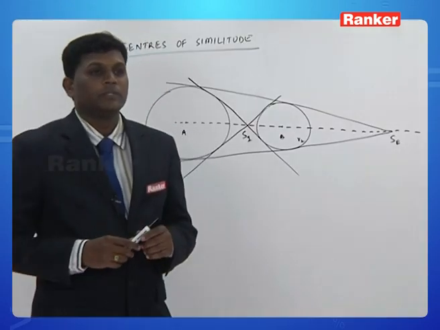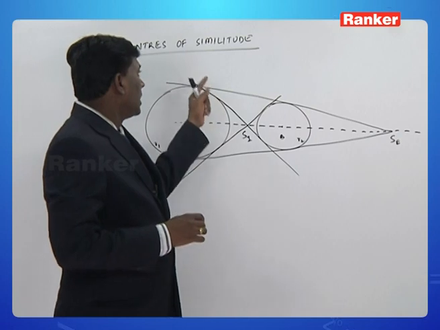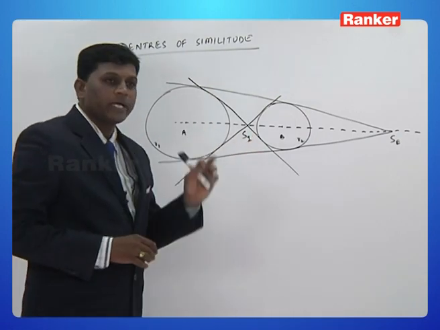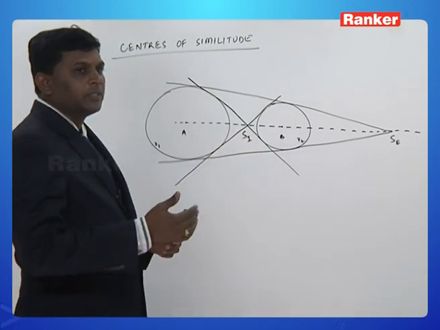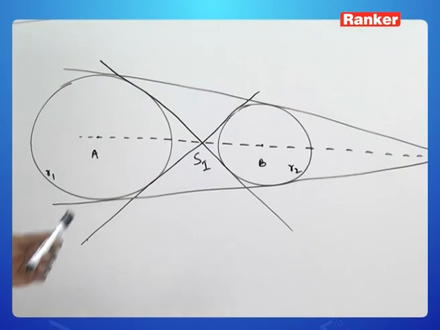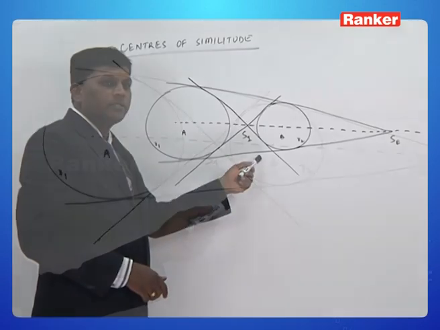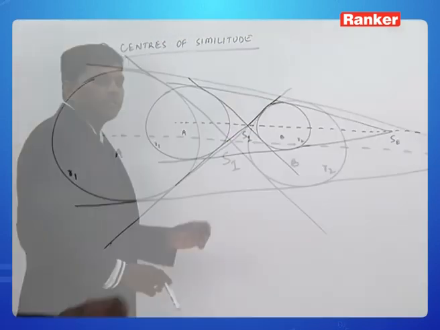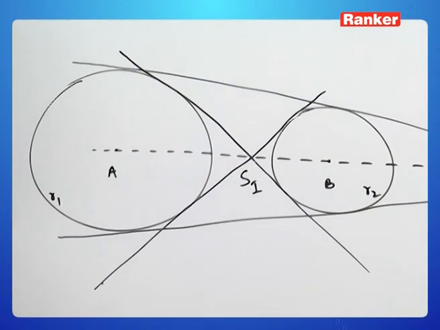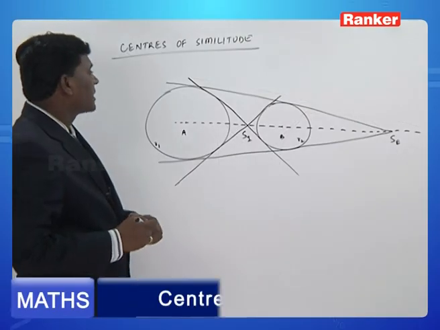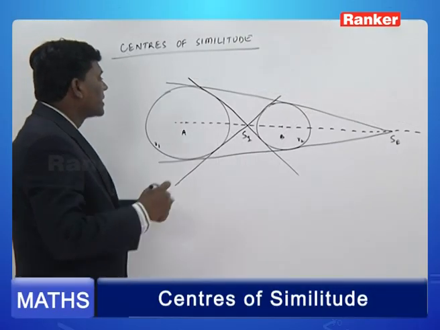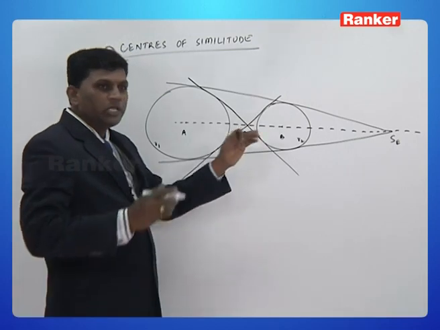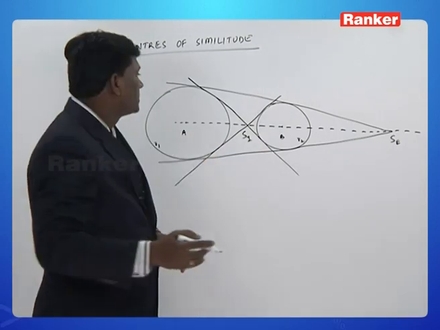Now, along with properties of direct common tangents like their length, here I am discussing one more important point, that is about the points of intersection of the common tangents. If you observe this diagram carefully, the circles are clearly each external to the other.